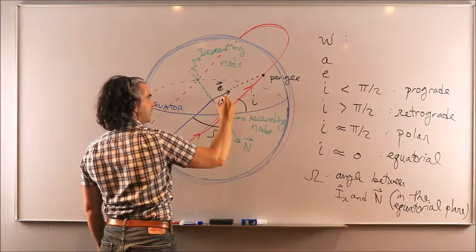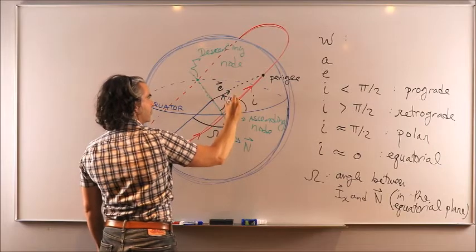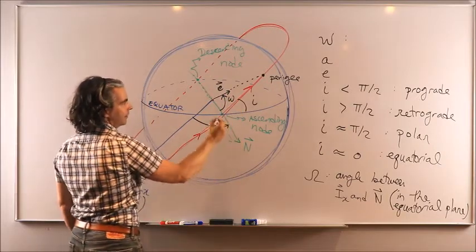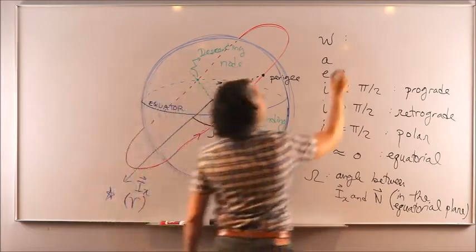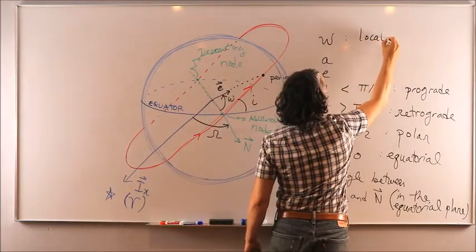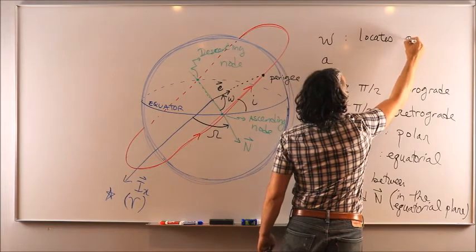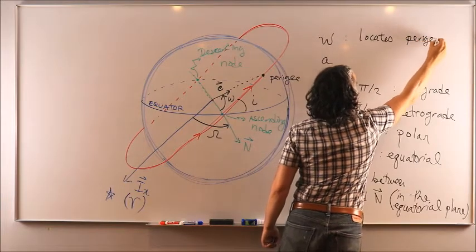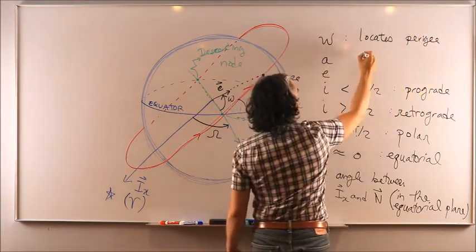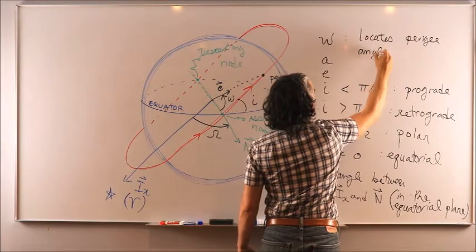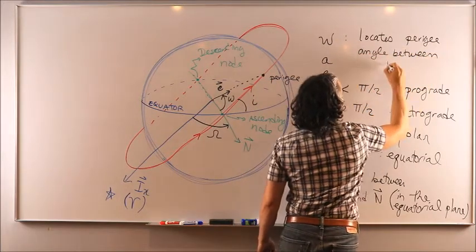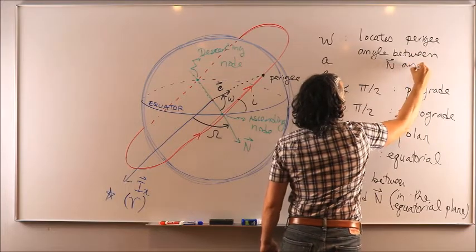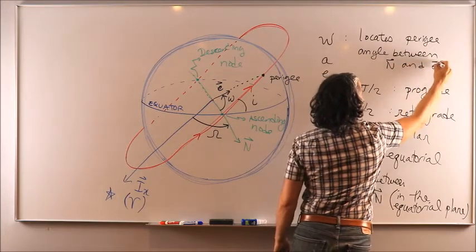So this is this angle here, omega, between N and the eccentricity vector that points at the perigee. So it essentially locates the perigee, or mathematically this is the angle between N and the eccentricity vector E.